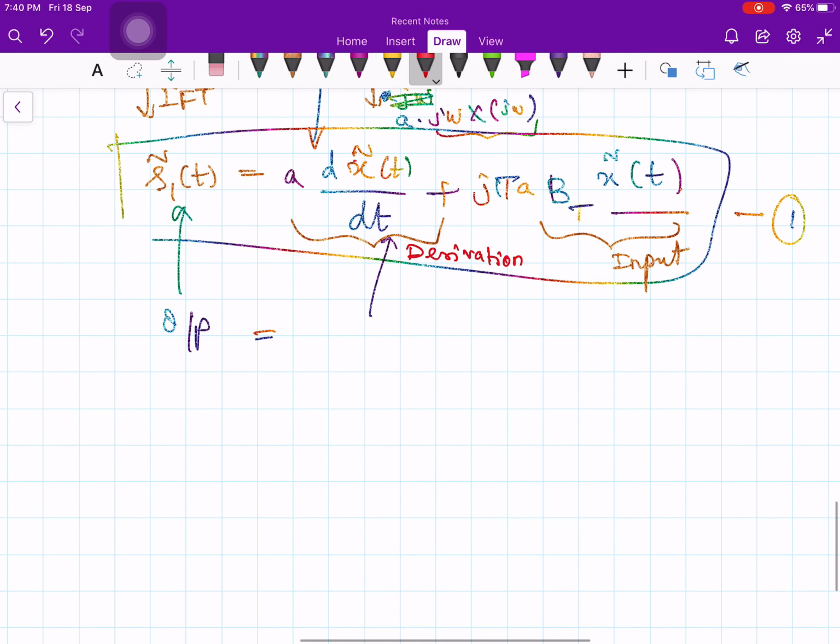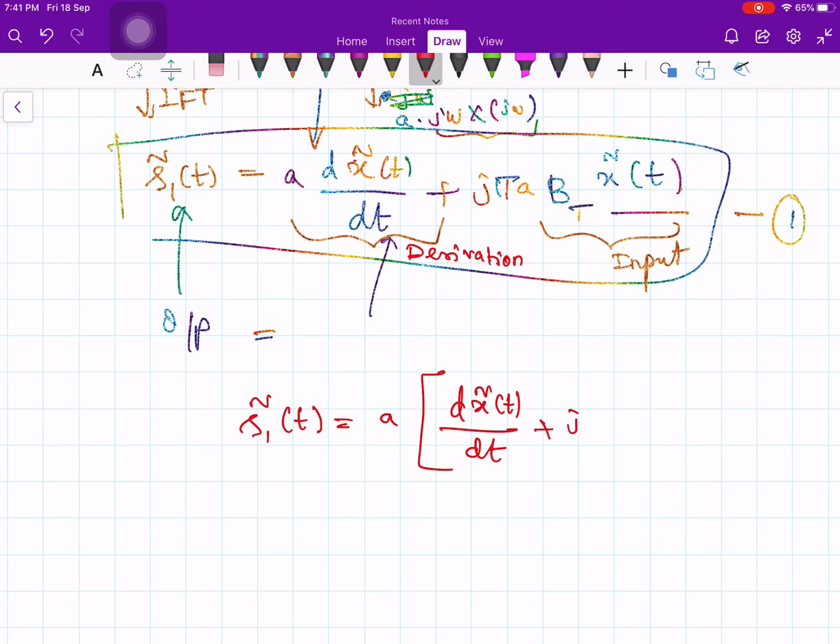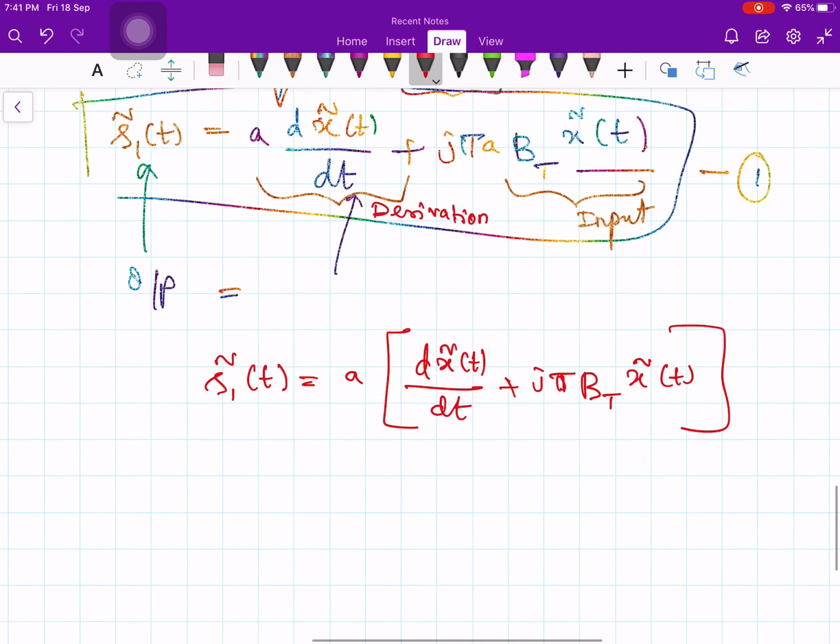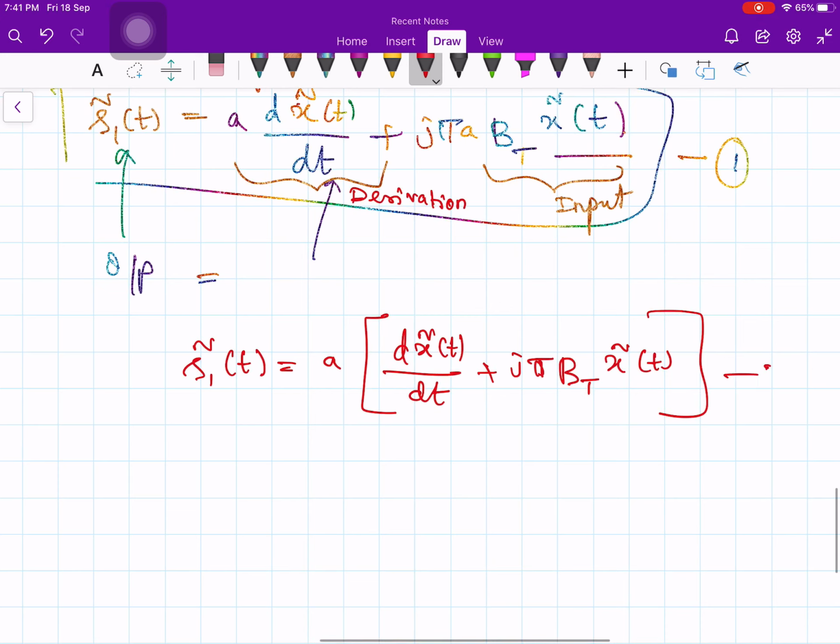Therefore S1 tilde of t is equal to, you take a common outside, d times x tilde of t by dt plus j times pi times b suffix t times x tilde of t. Let me call this equation 2.